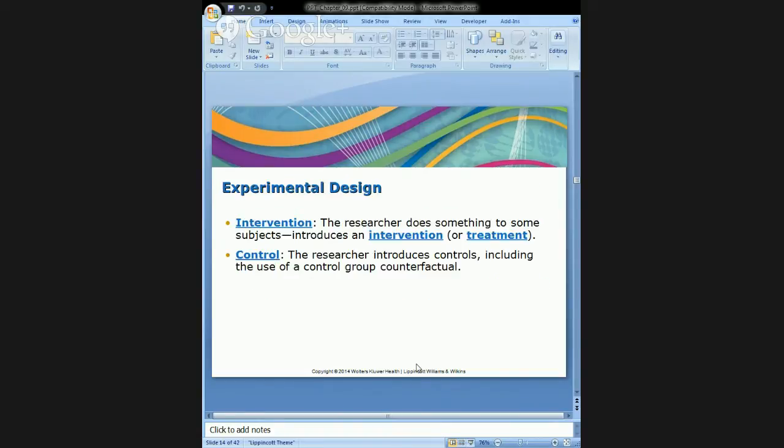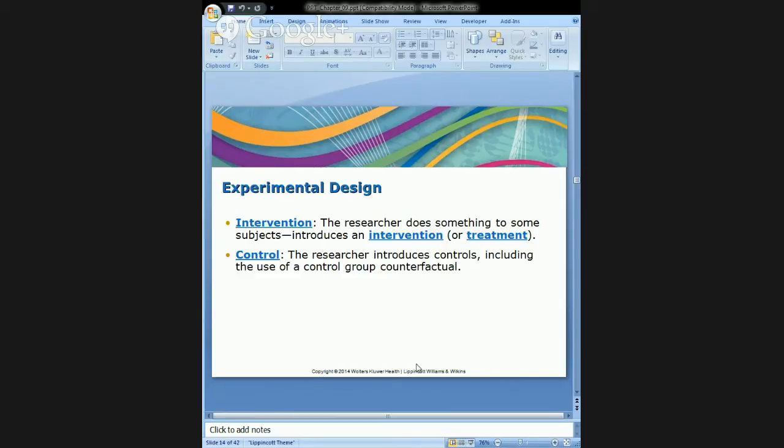In an experimental design, there is an intervention. The researcher manipulates a variable in some way. They introduce an intervention, they introduce a treatment in hopes that it is going to have some effect on the outcome. Also, the researcher places controls on the experiment. They use a control group.